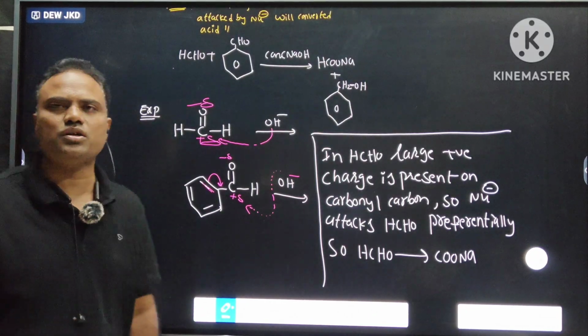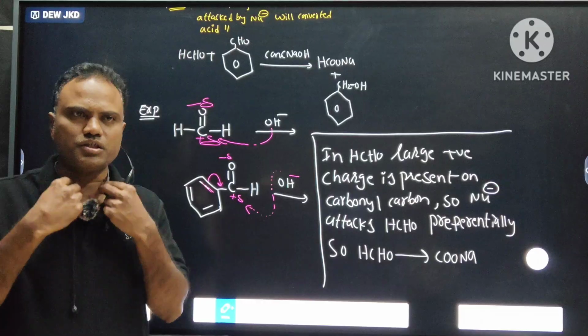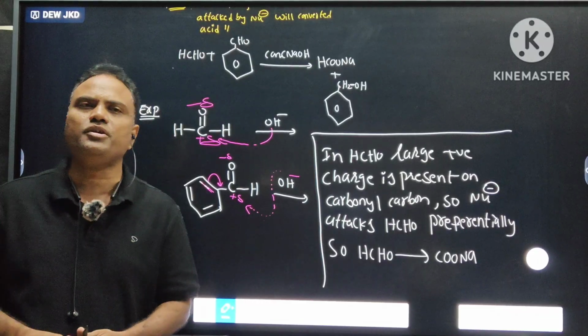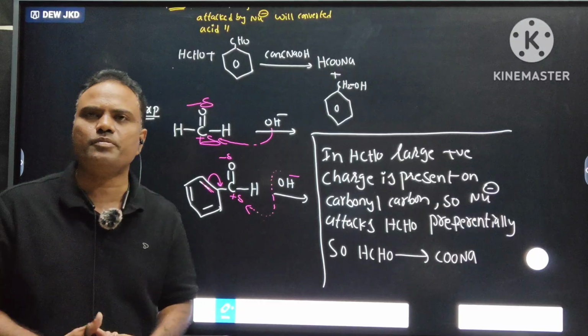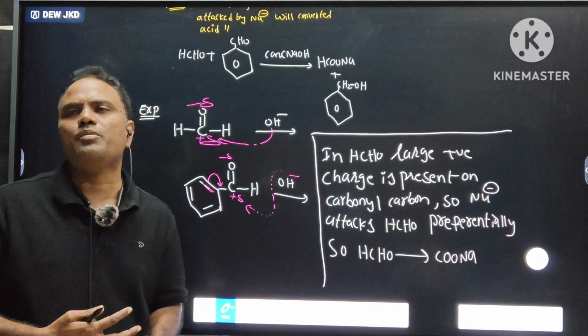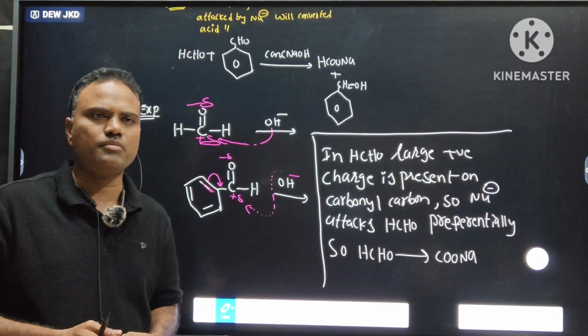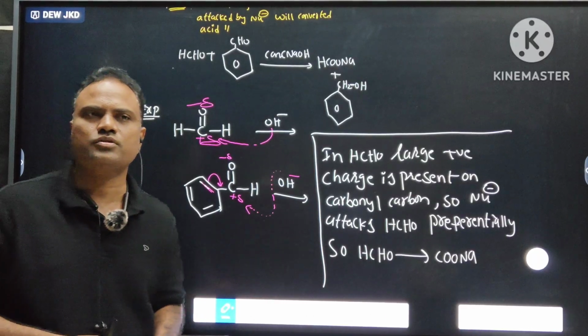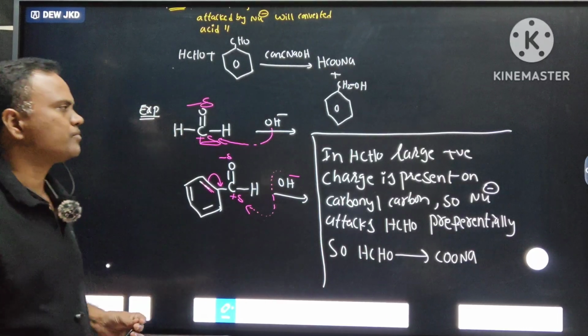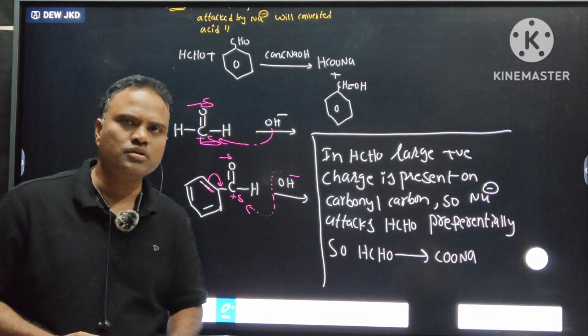Important example of Cannizzaro reaction. What is the key step? Tell me. A large positive charge should be present on the carbonyl carbon. Got it, all of you, online students?